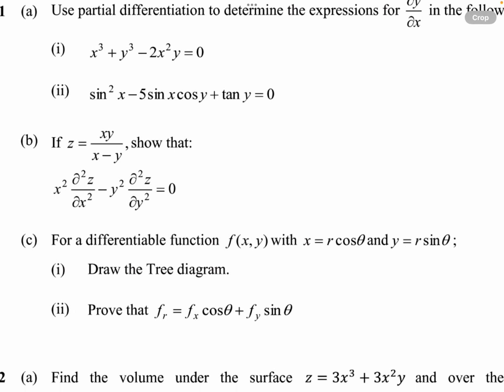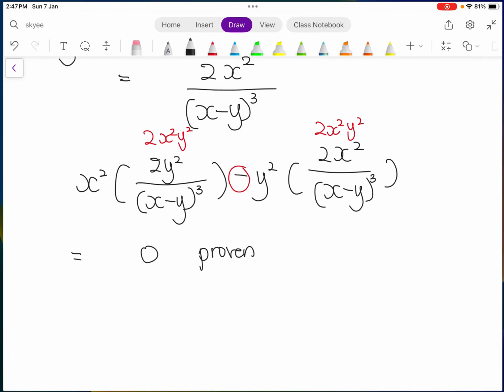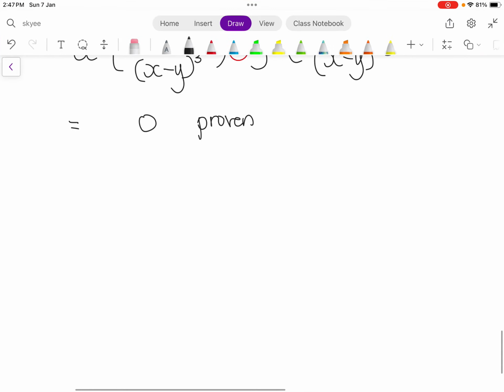For question C, for a differentiable function with x equals r cos theta and y equals r sin theta, draw the tree diagram.